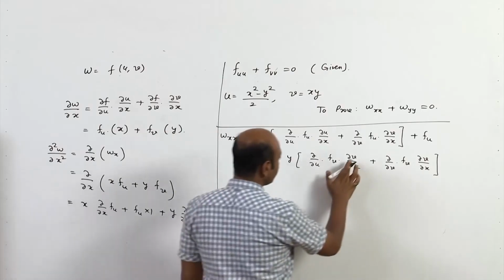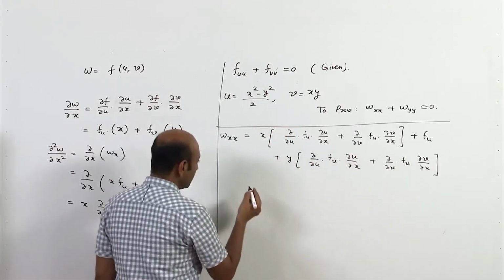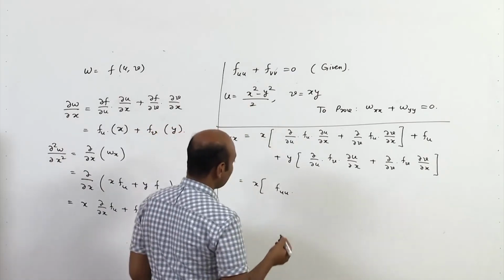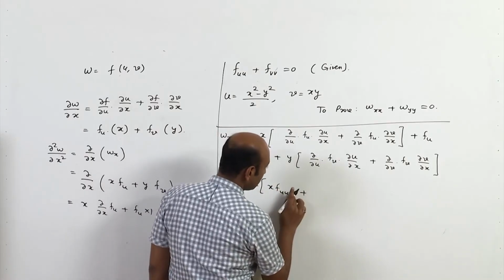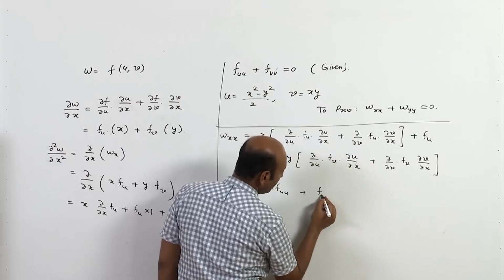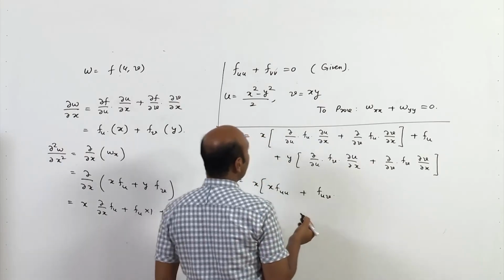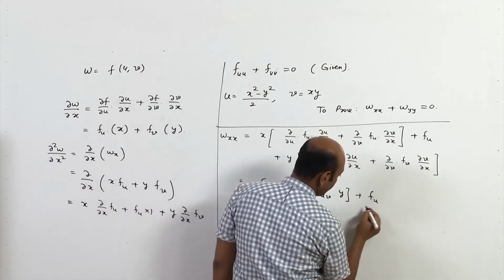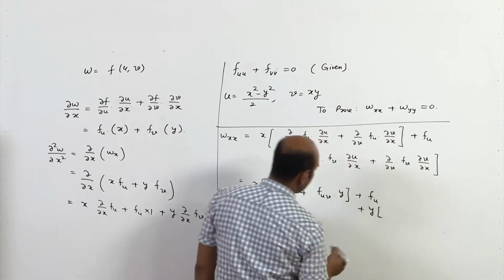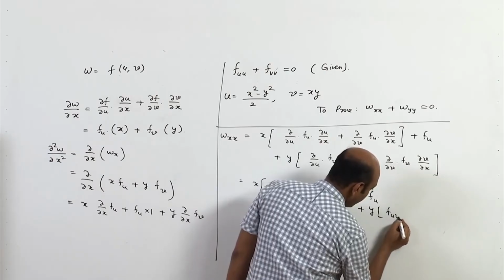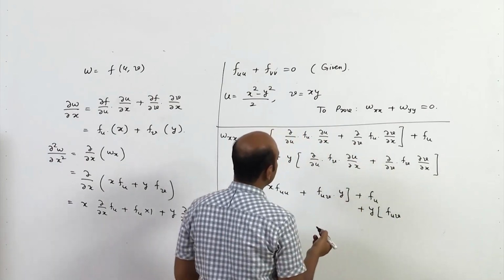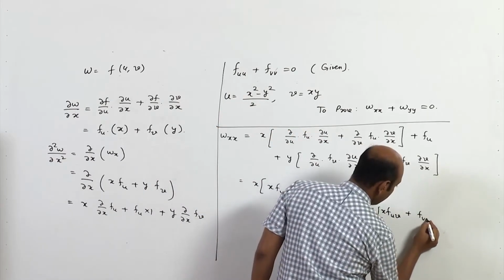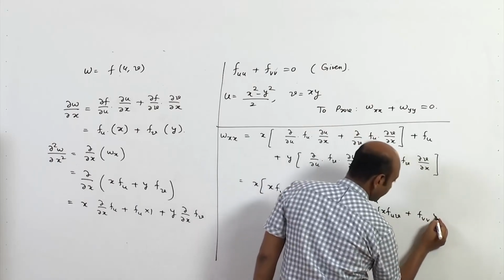It is x into, now it is f u u, now del u by del x from here is again x, plus it is f u v into del v by del x, from here it is y, plus f u, plus y into f u v times del u by del x, del u by del x is x, plus f v v into del v by del x is y.